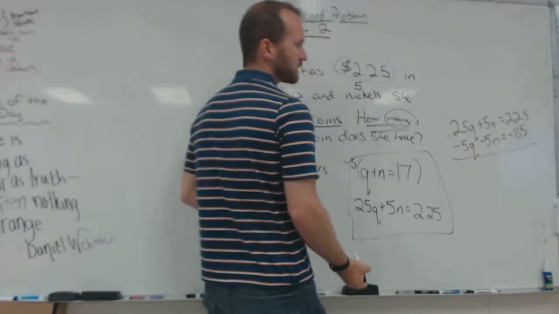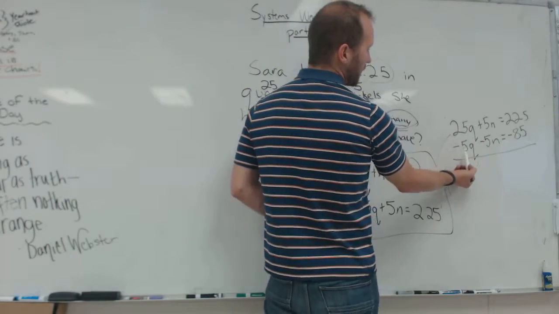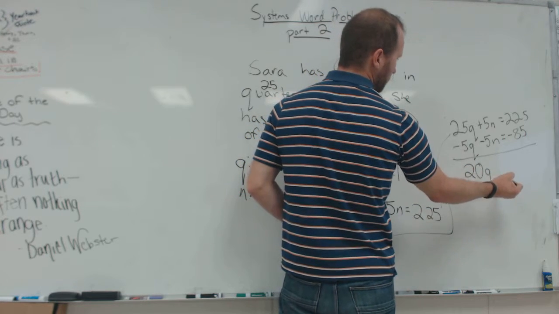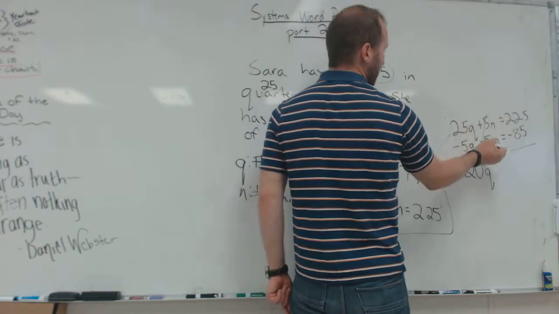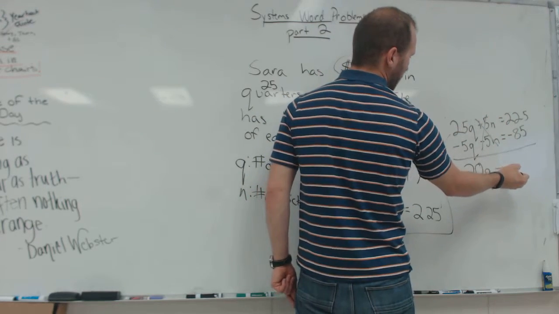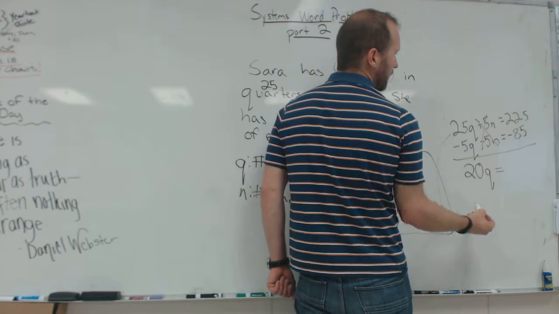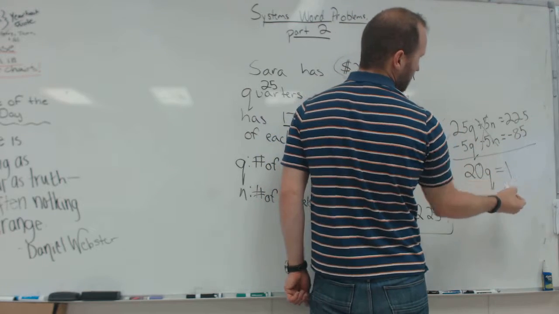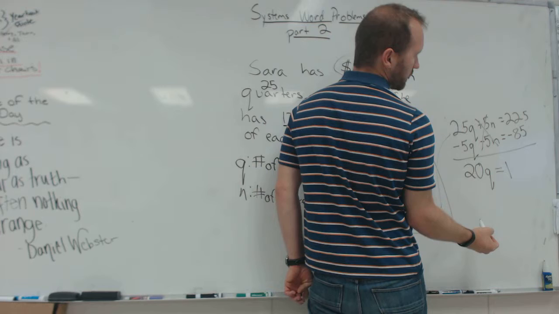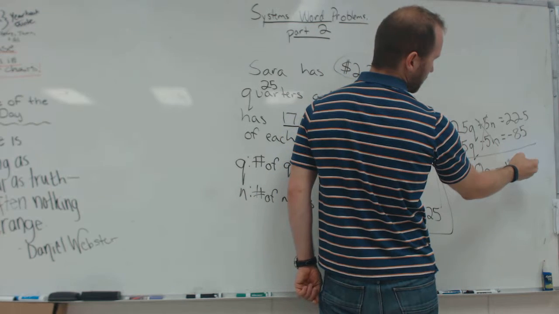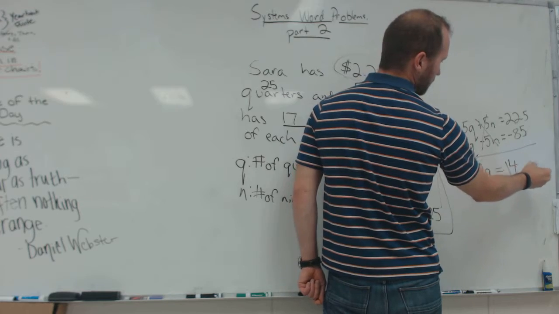I'm going to add my two equations together. 25q minus 5q gives me 20q. 5n minus 5n cancels out, which is what we wanted to happen. 225 minus 85 is 140.